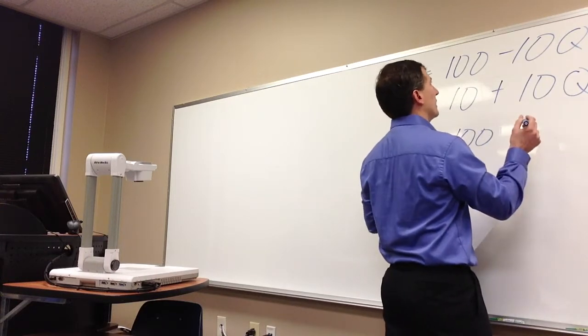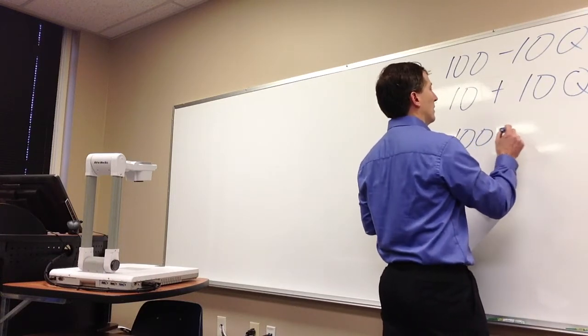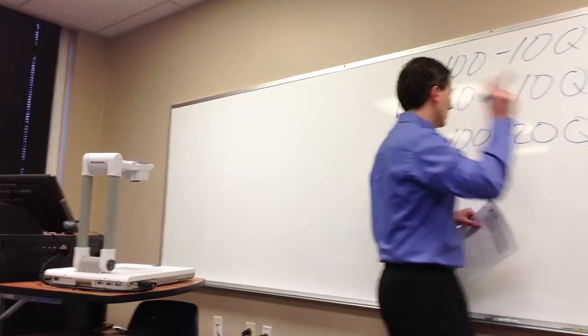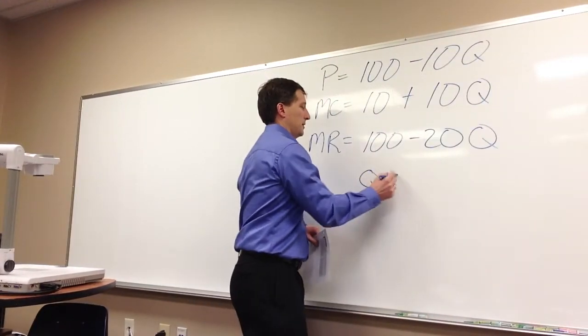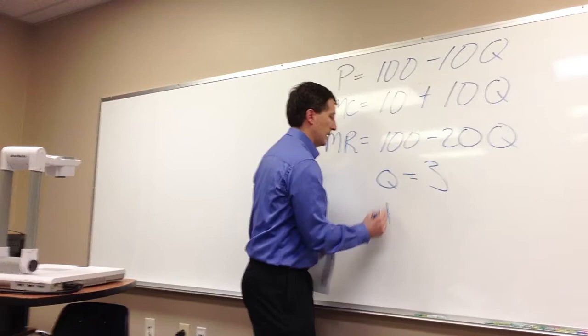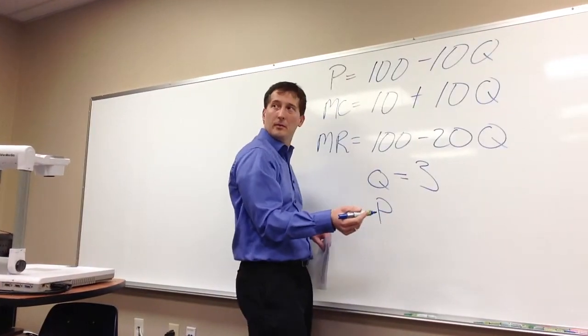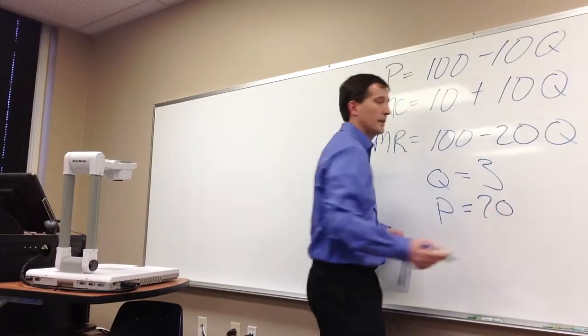So, what do we get here? Q equals 3. Price equals 70. Everybody get that?